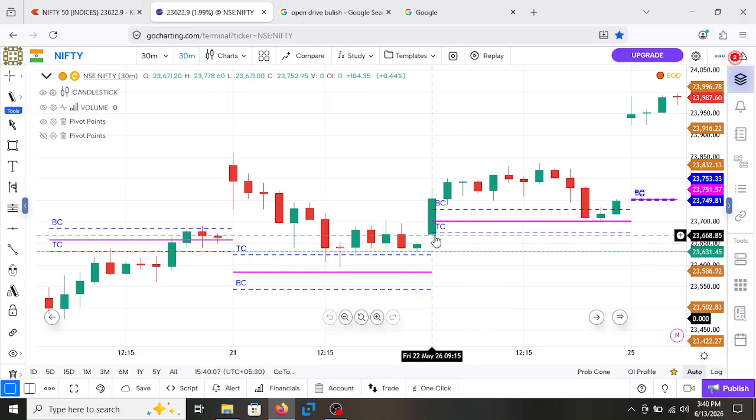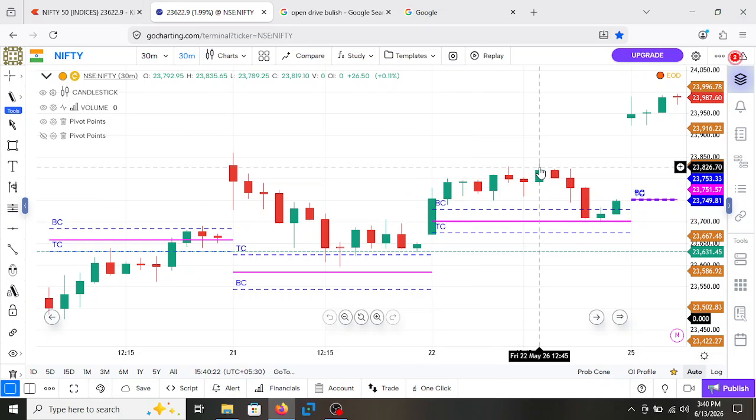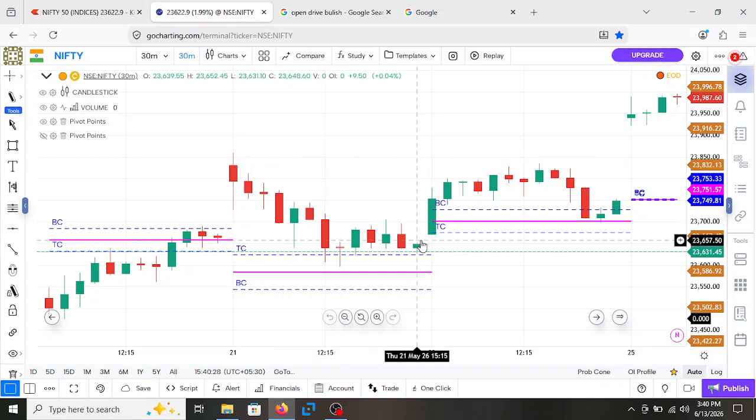So on 22nd May, Nifty opened here, and at the open it faced buying and Nifty went to the higher side and remained there for half a day till it faced resistance at this level.